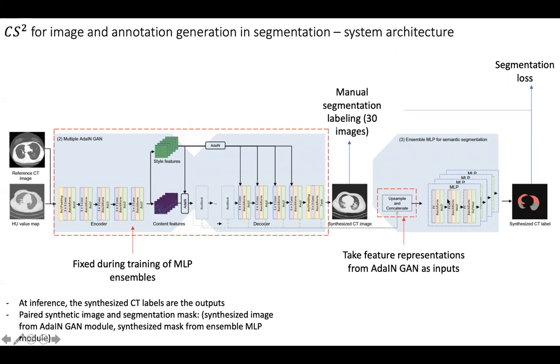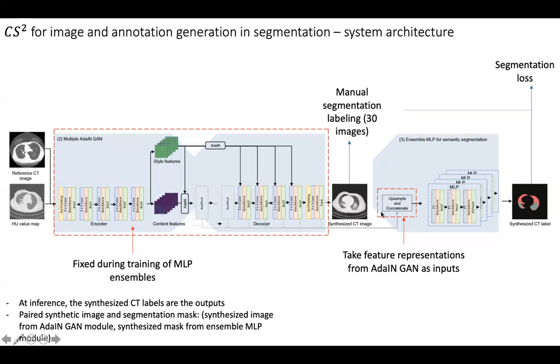segmentation mask generation model. But instead of directly using the synthesized image, in this paper, actually the representation learned for this synthesized image in the adaptive instance normalization GAN is used as input of the segmentation mask generation model.